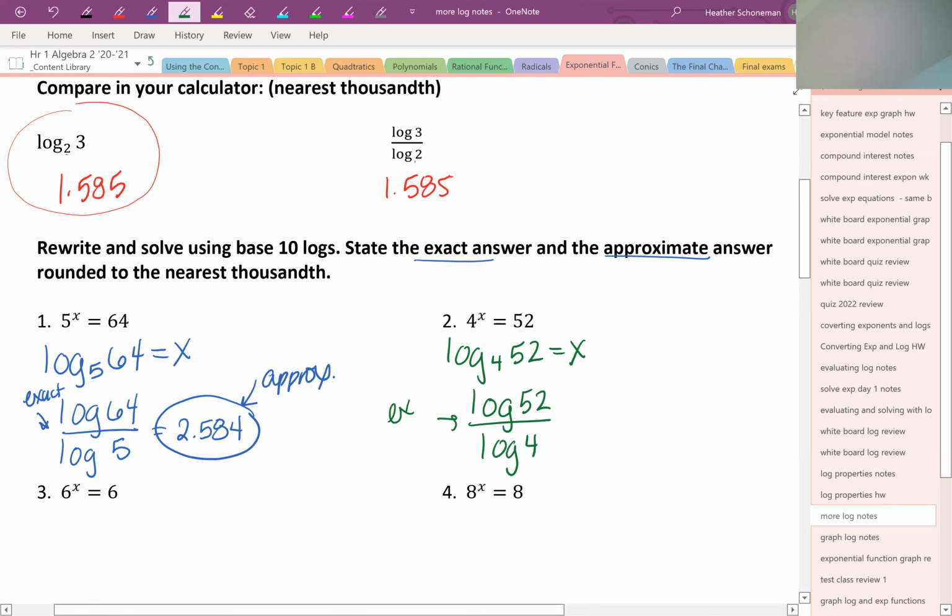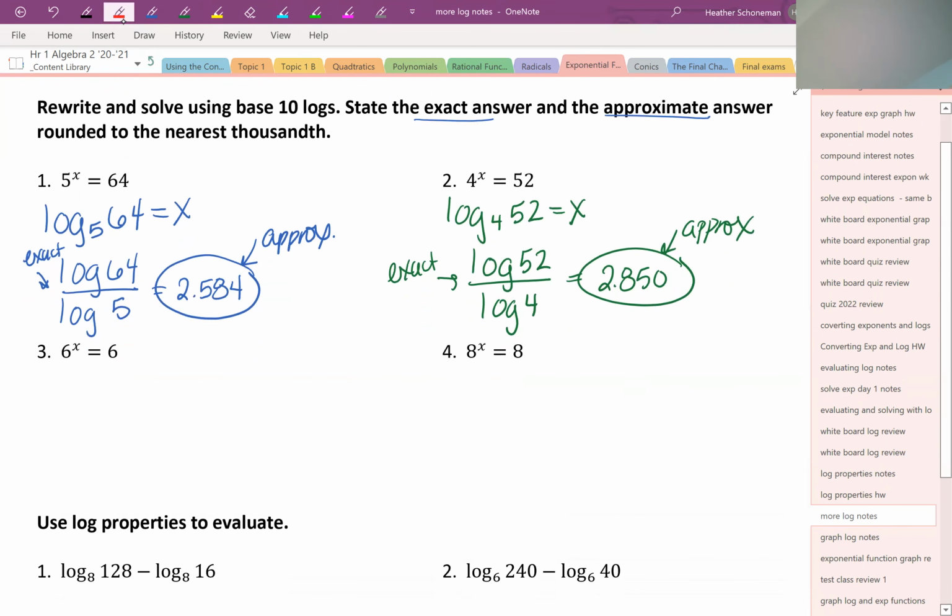This right here is my exact answer. And now I'm going to get an approximate by doing the decimal. So I have log 52, close parentheses, divided by log 4. Get 2.850. And that is my approximate answer.